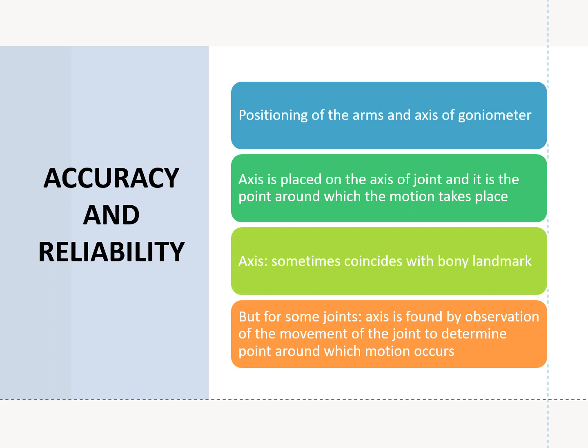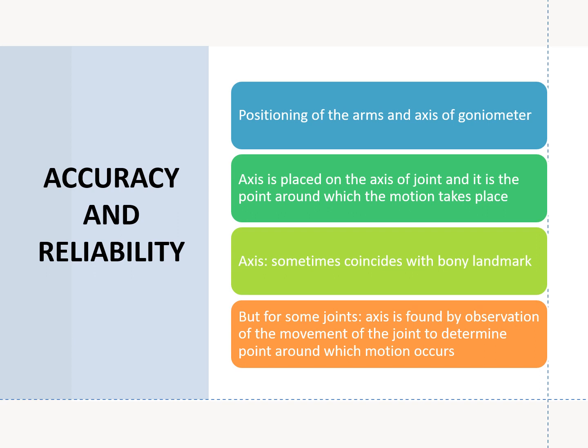Now, the accuracy and reliability of goniometer: whether your readings are accurate enough, whether your readings are reliable enough. We have spoken about what is reliability in the previous modules. So basically your accuracy and reliability depend on various factors.